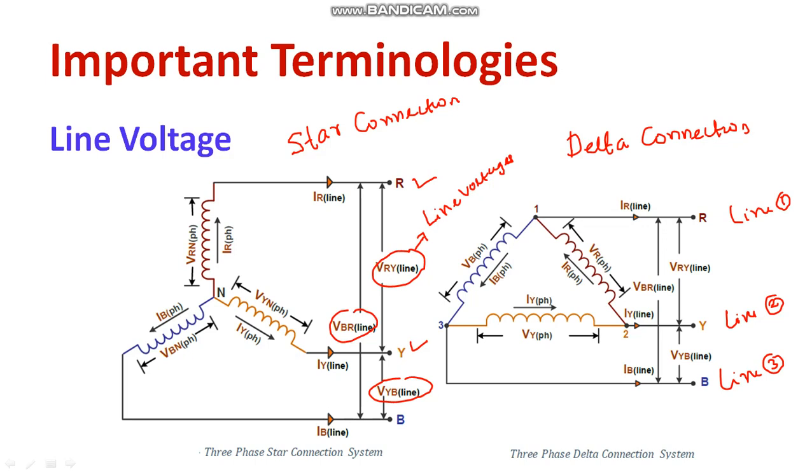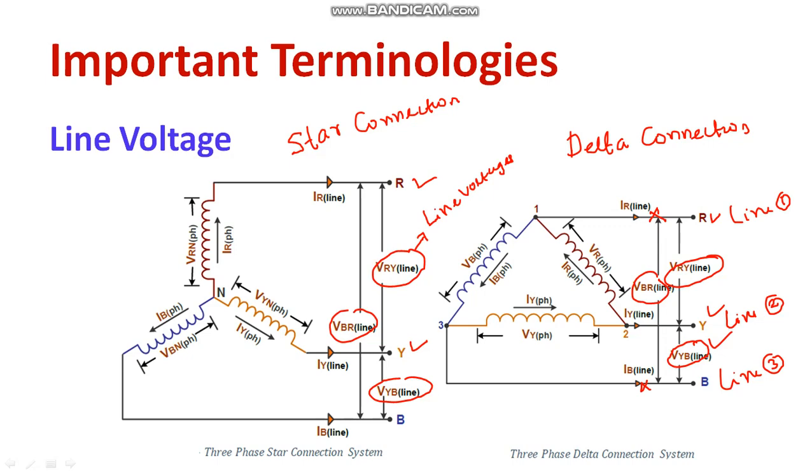Voltage across two lines, VRY, voltage across R and Y, is one line voltage. Then voltage across Y and B is another line voltage. Then voltage across B and R. Look at B and R. This is the R terminal, this is your B terminal. So we will be getting different voltages. These are called line voltages. I hope you understood the difference between line voltage and phase voltage.